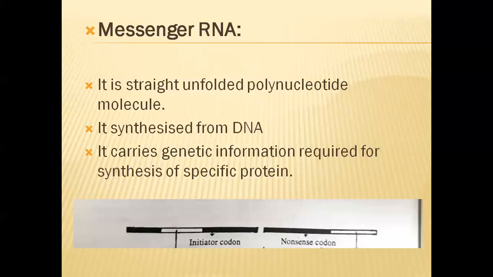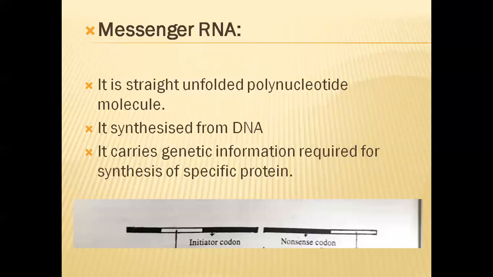And the last 3 codons, UAA, UAG and UGA, are called nonsense codons. Why do we call them nonsense codons?